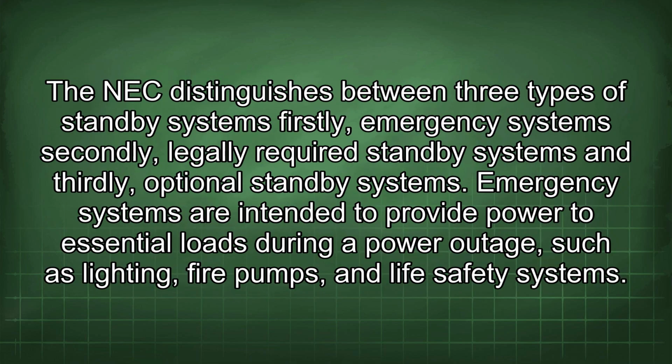The NEC distinguishes between three types of standby systems. Firstly, emergency systems. Secondly, legally required standby systems. And thirdly, optional standby systems. Emergency systems are intended to provide power to essential loads during a power outage, such as lighting, fire pumps, and life safety systems.